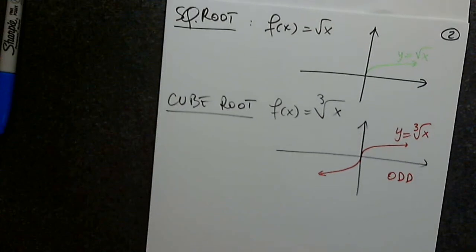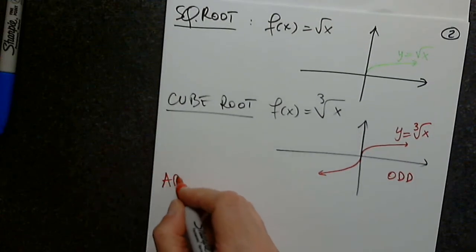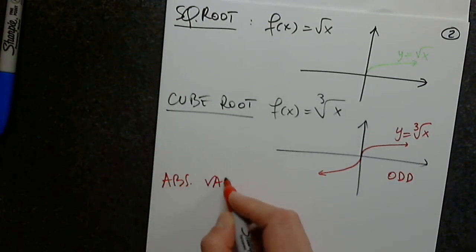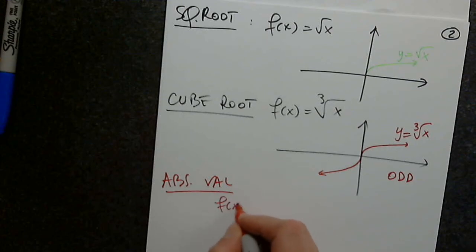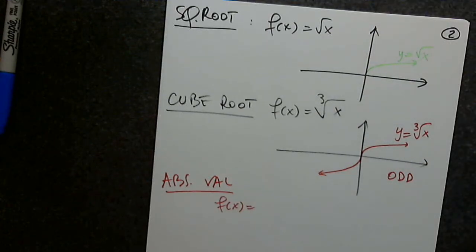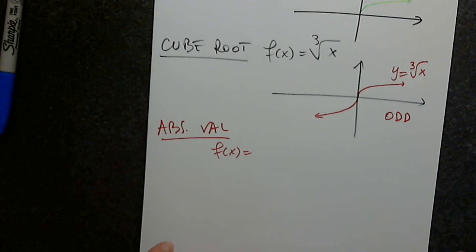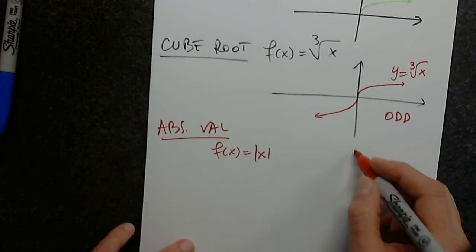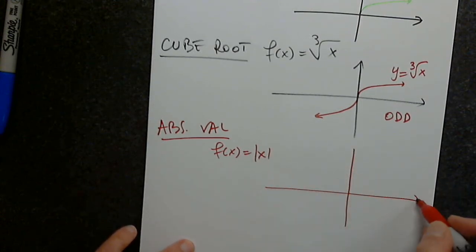And the last one we would like to mention is the absolute value. The simplest absolute value, absolute value of x. And it looks like a v.